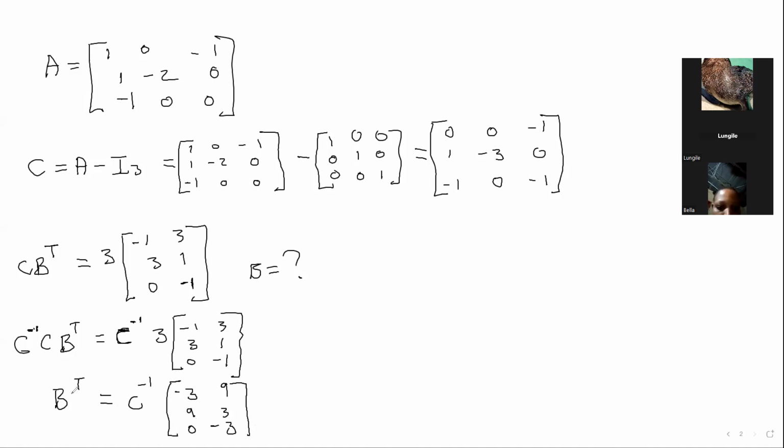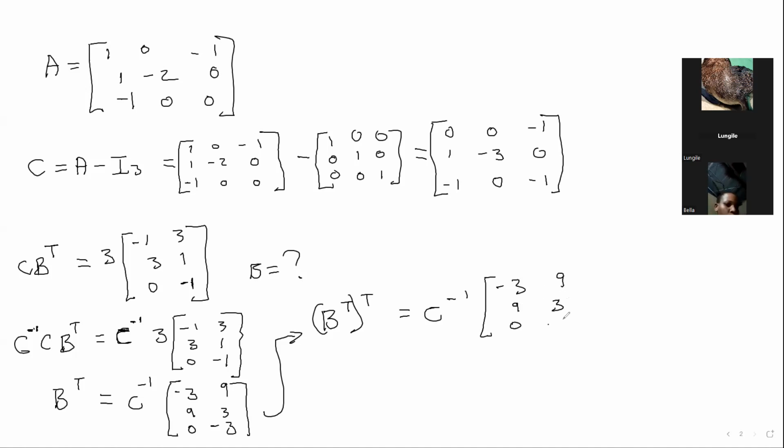And then to get a B, we need to transpose everything. Minus 3, 9, 9, 3, 0, minus 3.